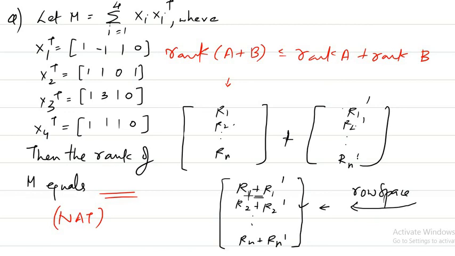If you take all these vectors, r1, r1 dash, r2, r2 dash, etc., rn, rn dash, the row space will be spanned by these vectors. They need not all be linearly independent, but these vectors give you the span. Span means nothing but the linear combinations of these vectors. We have discussed linear combinations in the previous lectures.